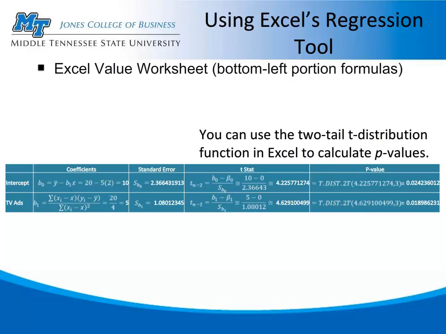If you apply it to this particular data set, the covariation is 20 and the variation in x is 4. And so when you divide that out, you get a 5. But Excel just gives you the number.